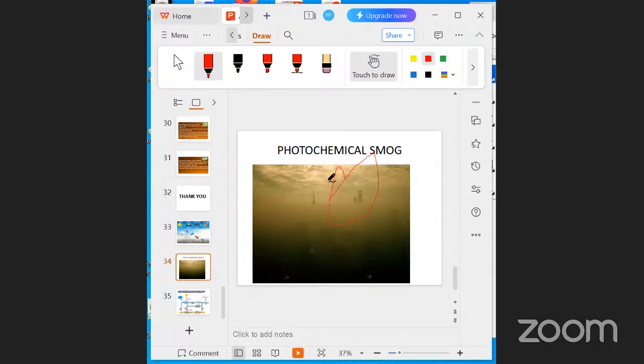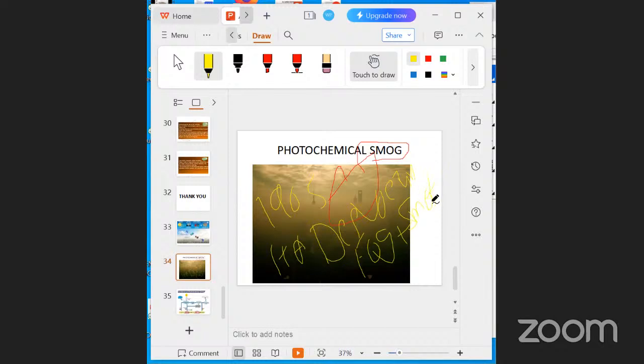The term smog was first used in 1905 by H.A. Des Voeux, to describe a blend of fog and smoke.